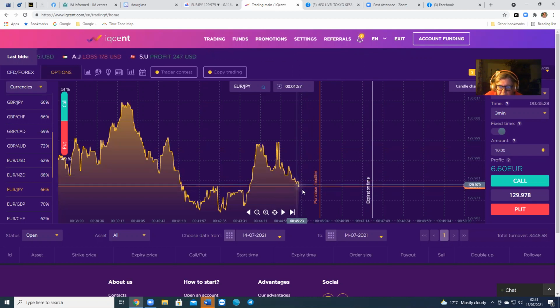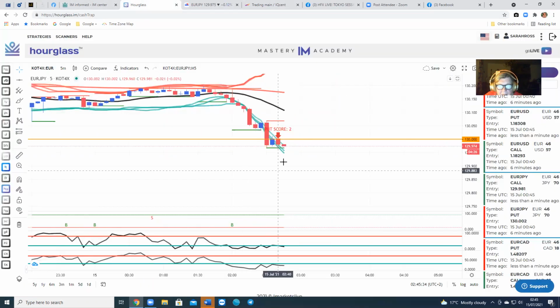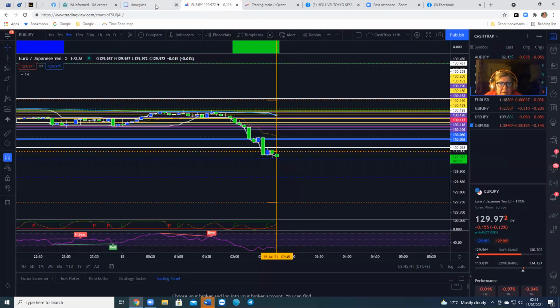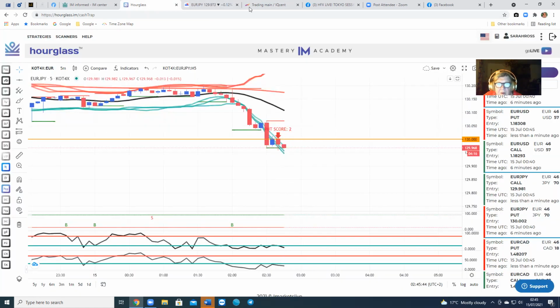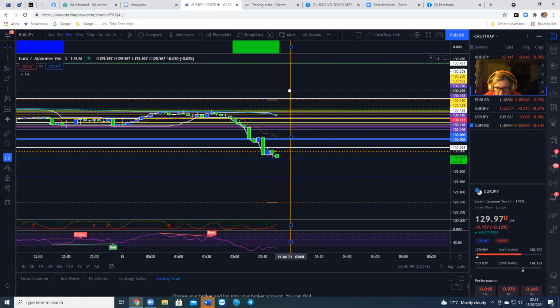So now it's got to this stage. I'd rather wait for the hour and get a pullback. Because if that's a retrace, it's more risky on your trade.